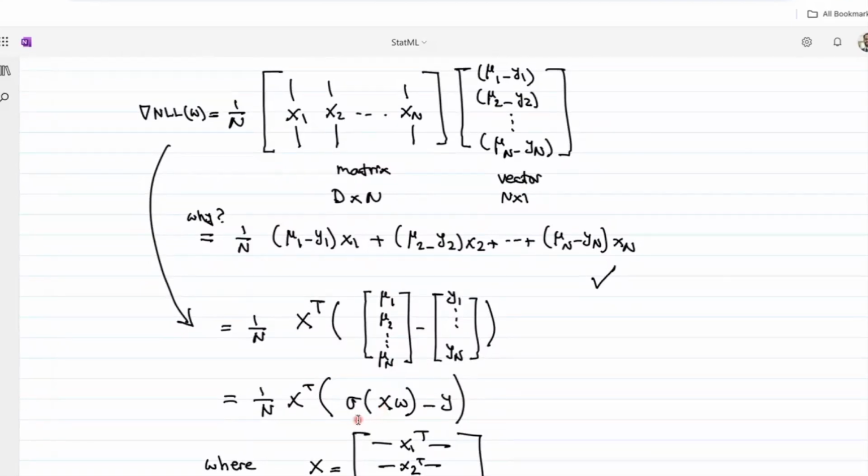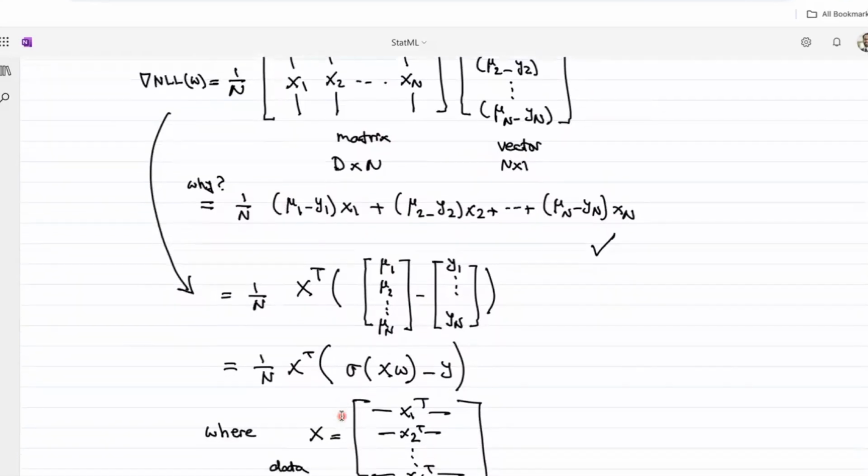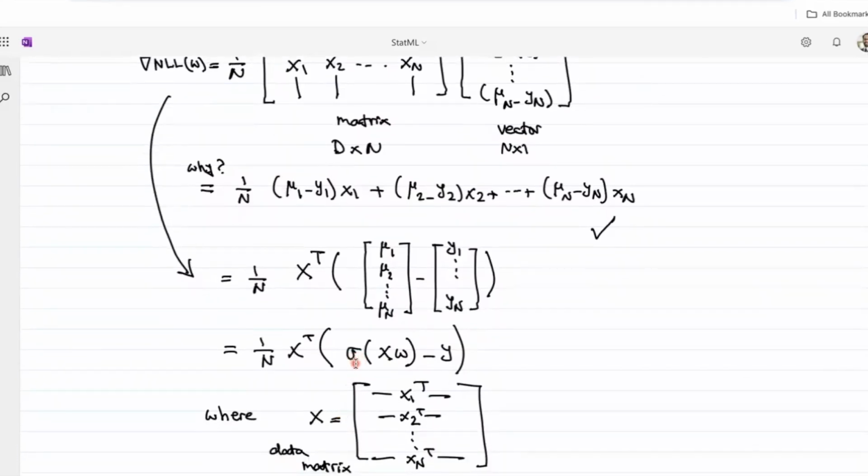And the only thing we have to add here is to also apply the sigmoid or logistic function, right? So if you have linear regression, we didn't have any of these sigmoid or logistic functions. Now, because we have a classification problem and we're working with probability measures, we have to include the sigmoid or logistic function.